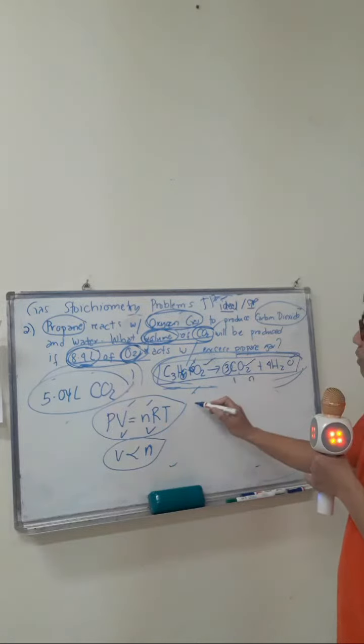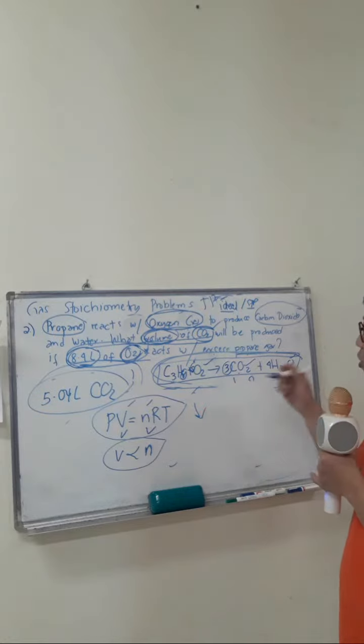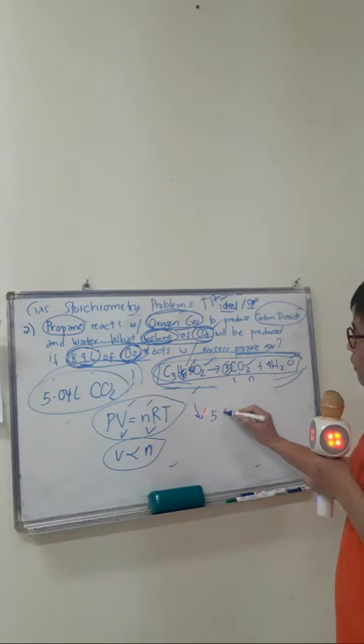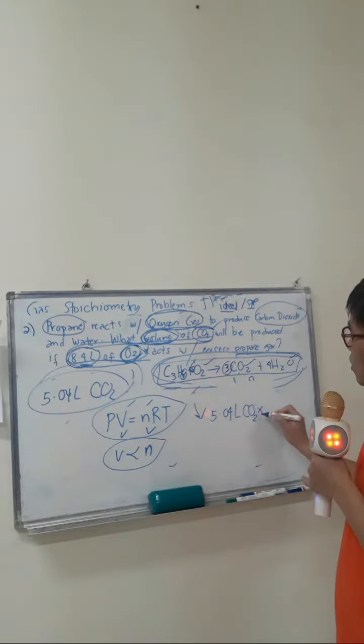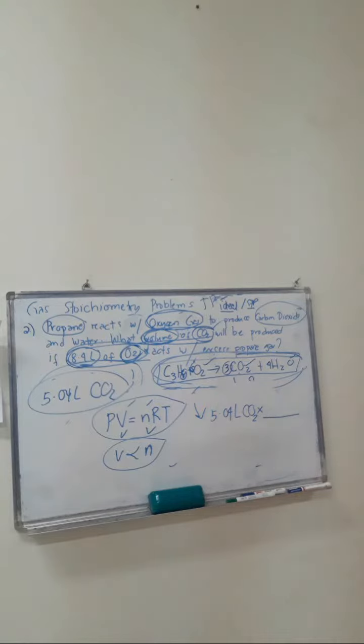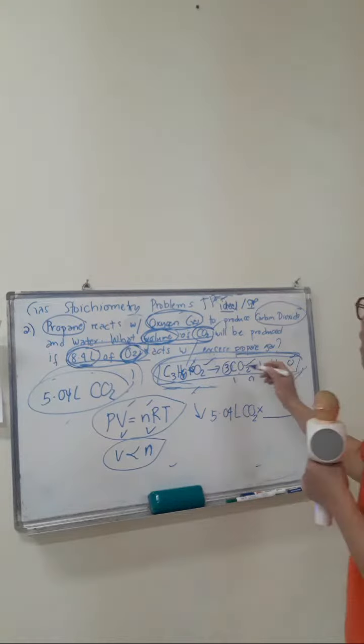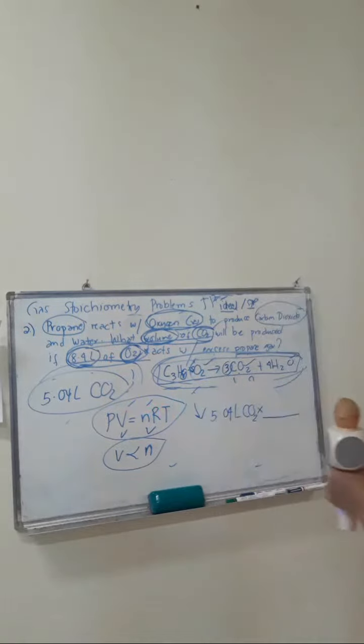So we can solve that in this situation. 5.04 liters of CO2. Now, we also have to include the oxygen here, because that is a liter. 1 liter of CO2. So we now have 22.414 liters of CO2.